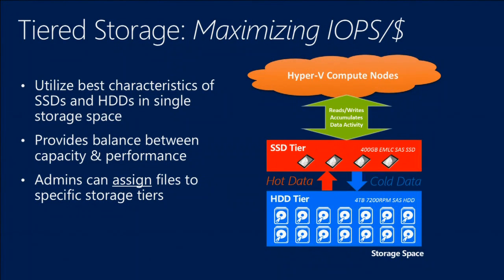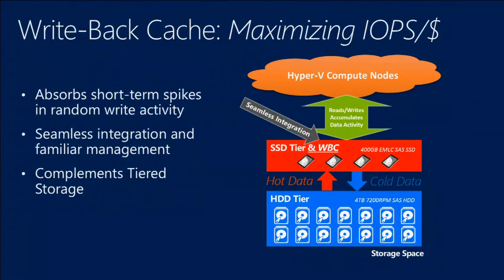By pinning that parent VHD to the SSD tier, I've just dramatically improved boot performance for all those virtual desktops. Or if I want data to remain cold, remain in the HDD, perhaps it's mostly sequentially accessed, I can pin that data to the HDD tier. It's very flexible what you can do.